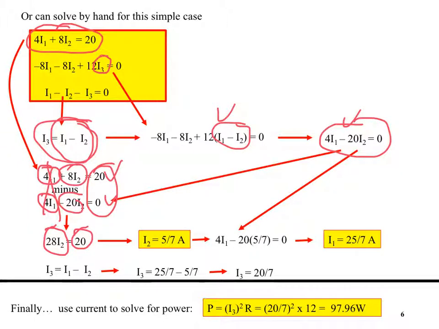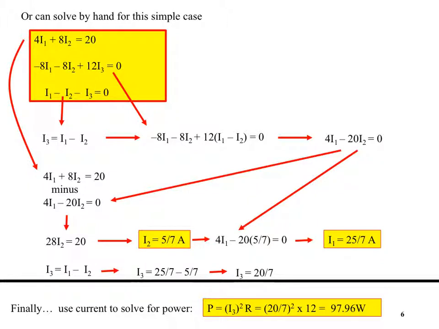Let me clear some of this stuff off here. It gets a little busy after a while. Now I can solve for I2 just by dividing 20 by 28, and simplifying that fraction gives me that I2 is equal to 5/7 amps.